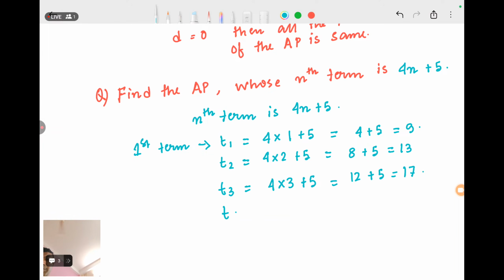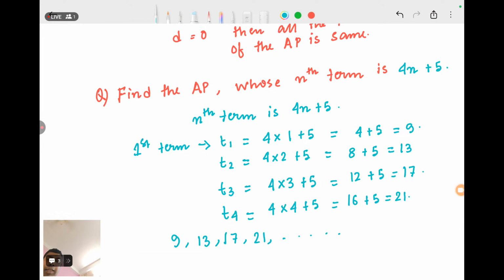Now the fourth term is 4 into 4 plus 5 is equal to 16 plus 5 is equal to 21. So can we say that it is denoting an arithmetic progression? Now I will write it as a sequence: 9, 13, 17, 21 and so on.